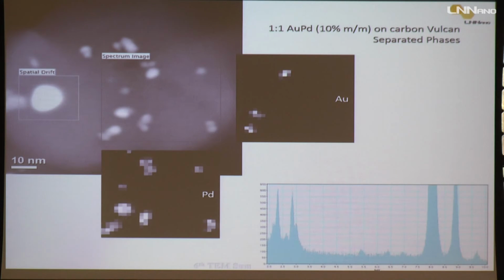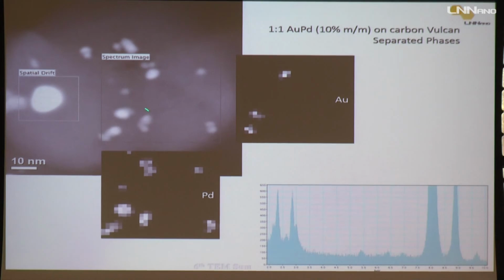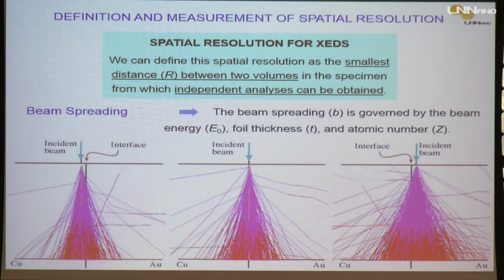We can see the ADF, you see that it's a Z contrast technique. You can see clearly here that the brighter particles are made of gold, okay? And the darker particles are all made of palladium, okay? But now you have compositional information about this system, okay?